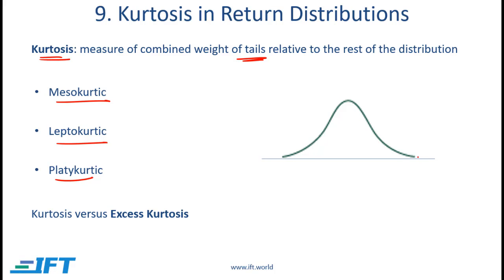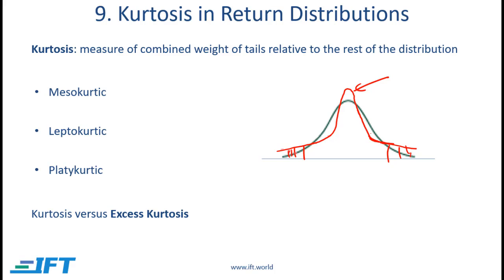The distribution we are looking at here is a normal distribution, and a normal distribution has a certain amount of weightage in the tails. If this weightage in the tails is the same as a normal distribution, then we say that the curve is mesokurtic. So let's say we have this distribution here, which is shown in red. Notice that this distribution has fatter tails, so there is more in the tails compared to the normal distribution.